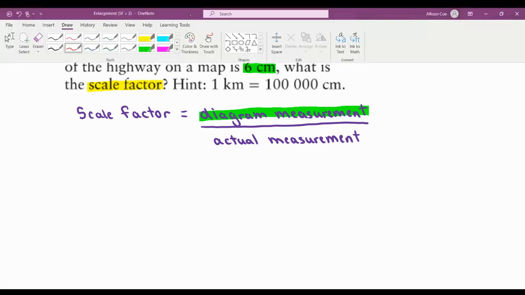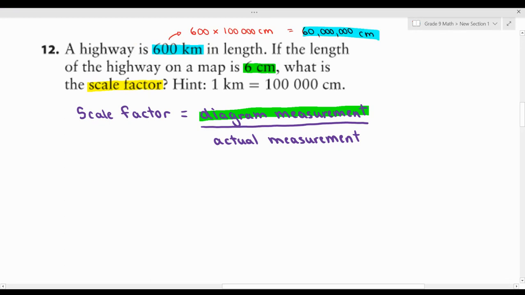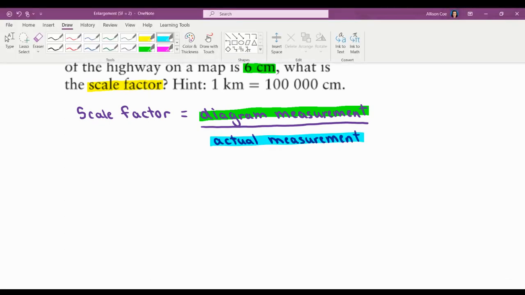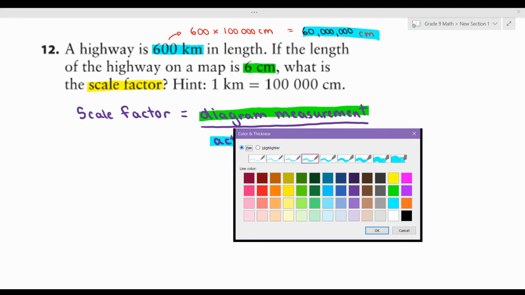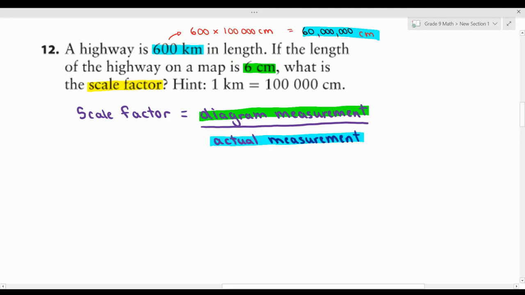Right, so we're going to use that for a formula. So this is going to go here. Okay, so our scale factor then, we would say diagram, which is 6, divided by that 60 million, right? You'll notice this is in fraction format.